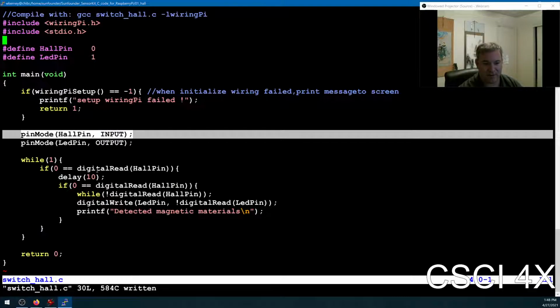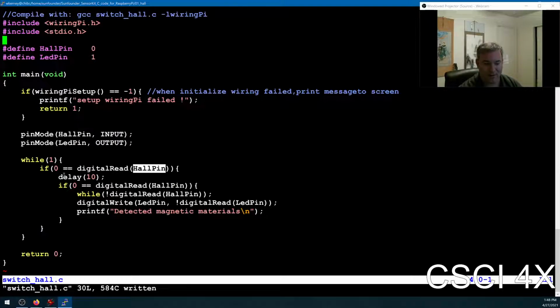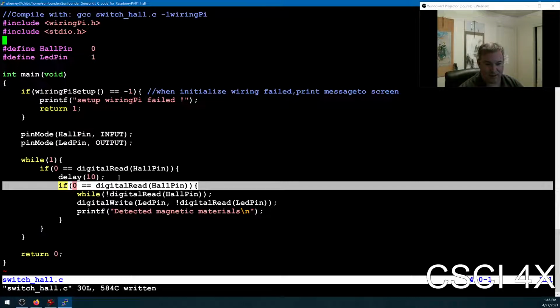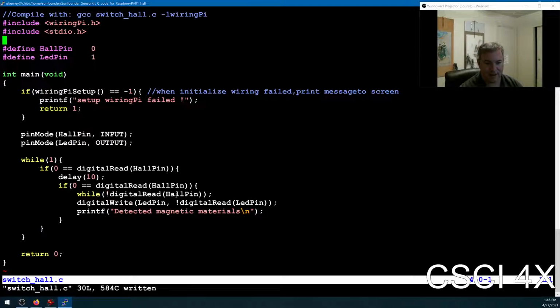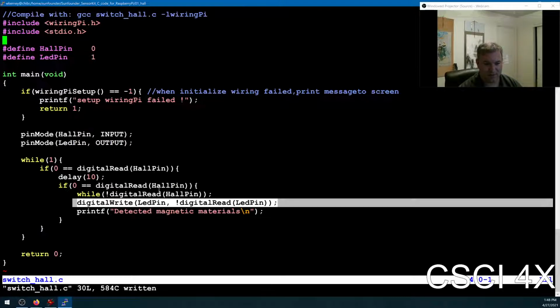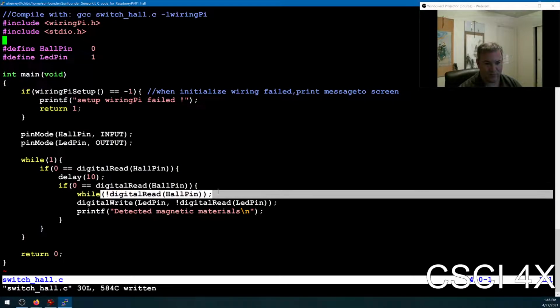So it's going to do a digital read from that pin, pause for a little bit of time, and read from the pin, and then it will write to this pin, while not digital read. So until it reads something from the pin, it'll infinite loop.